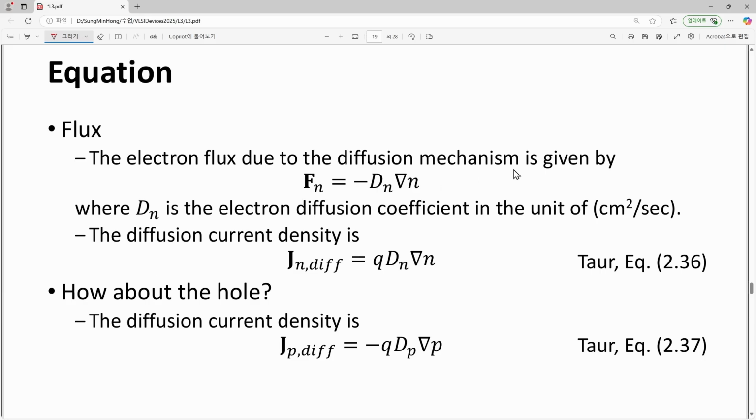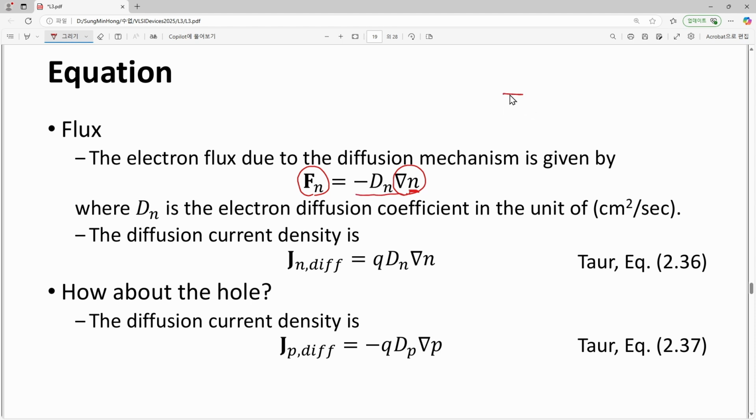It is related to the spatial inhomogeneity of our electron density or hole density, and you can see that the movement of our electrons is given by this form.